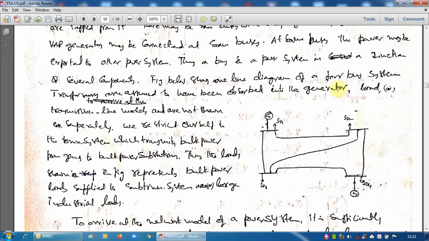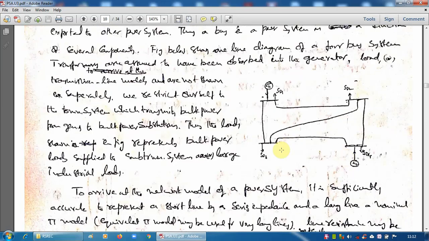See, generally, for example, if you are given a 4 bus system like this, here 4 buses are there and 5 lines are there, all the buses are named like this. This is first bus, second bus, third bus and fourth bus.